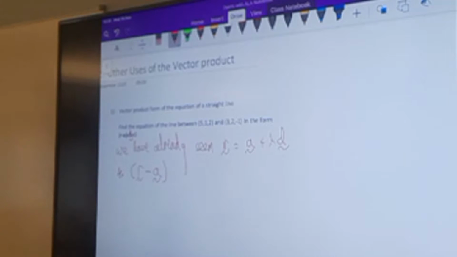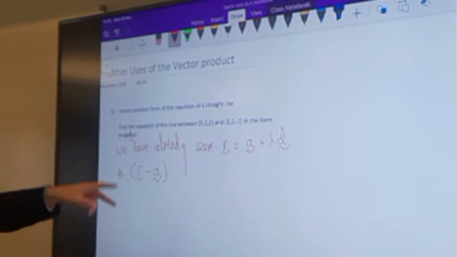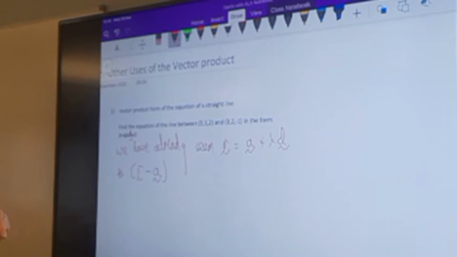Yes, the vector along the line is a direction vector of the line. If you find the difference between two points on the line, the resulting vector is parallel to the direction vector of the line. Does that make sense? Okay.